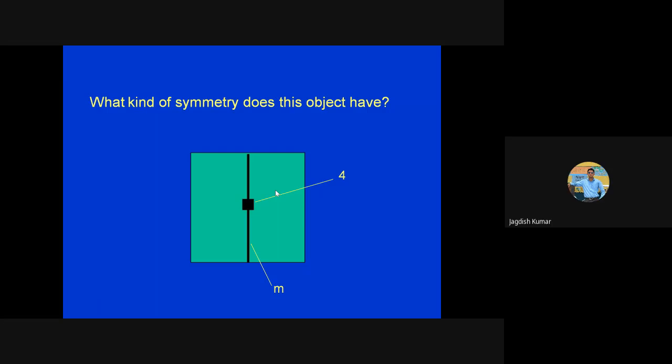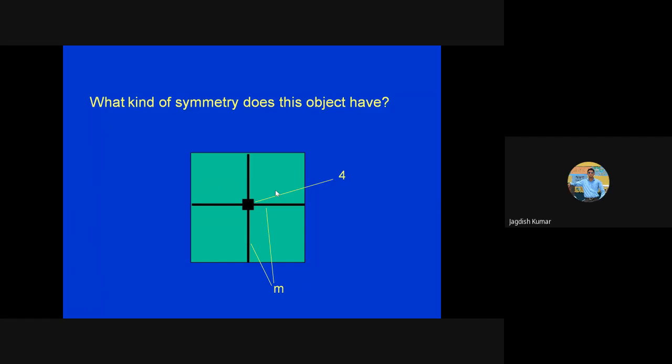Now I will pause to make you realize what other kinds of mirror planes exist for a square. Try to imagine what other kinds of mirror planes exist. So one is this one, isn't it? These two mirror planes are identical, so they are written with the same symbol, m.